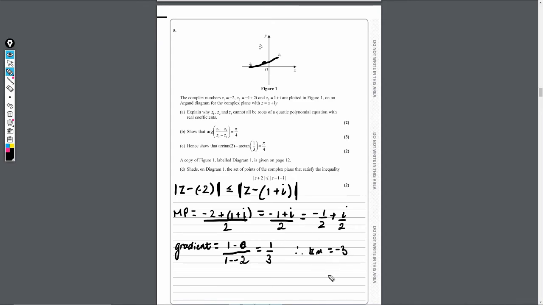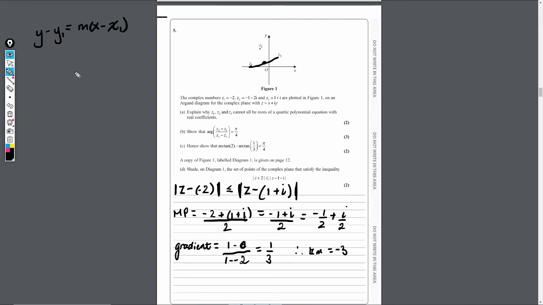So now we've got a gradient, and we've got the midpoint. Now I can just use the formula for the equation of a straight line to obtain the equation of the perpendicular bisector. Remember the formula is y minus y1 is equal to m lots of x minus x1.